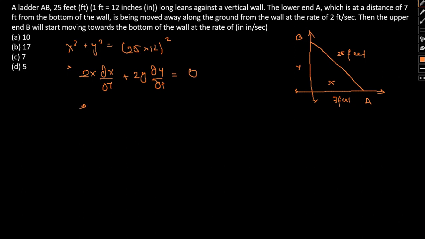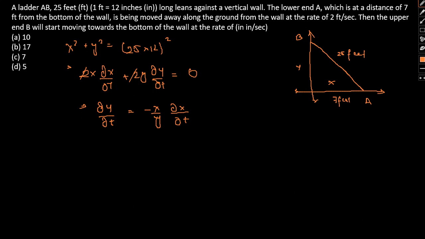So therefore we can conclude dy by dt equal to minus x by y, well, 2 get cancelled, dx by dt.